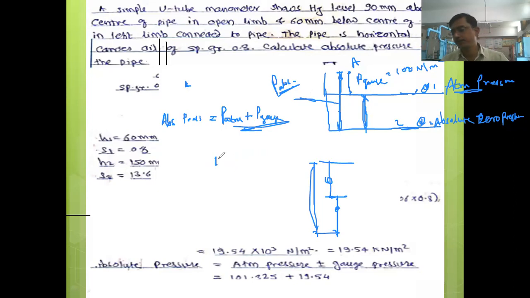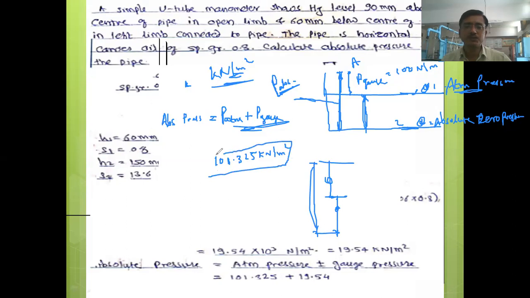It is the pressure head in terms of meter of mercury or mm of mercury. Now, when we are talking about pressure, the unit should be Newton per meter square or kilonewton per meter square. So the pressure you have written there is 101.325 kilonewton per meter square.